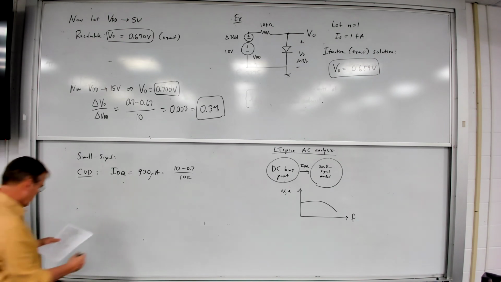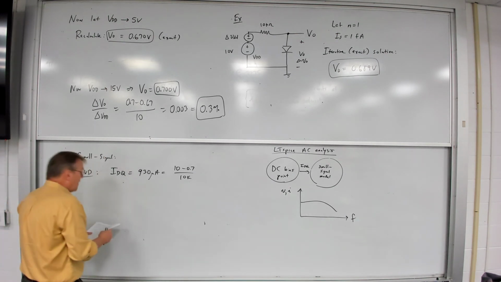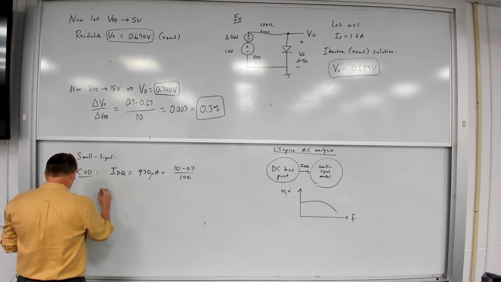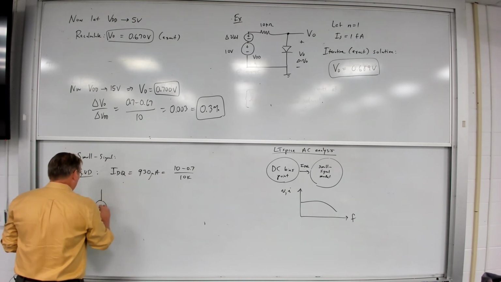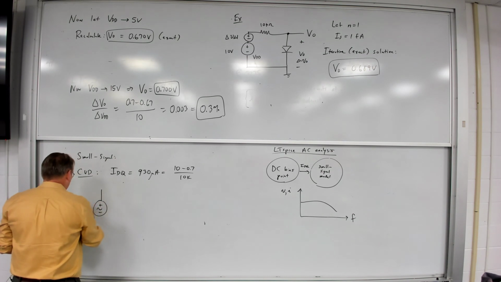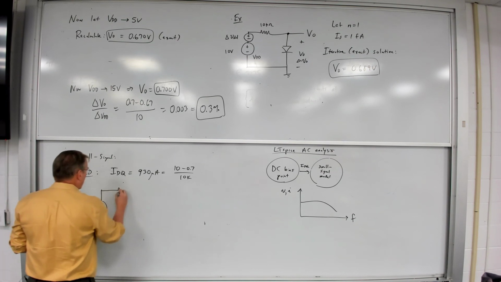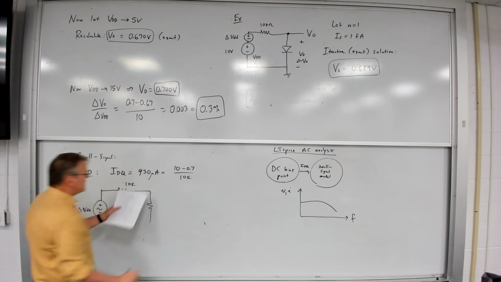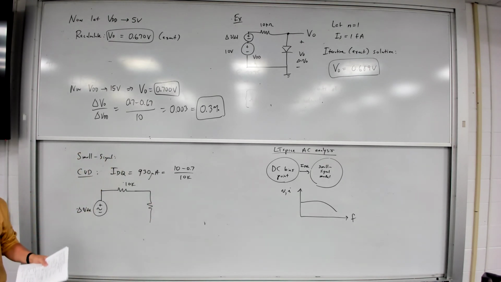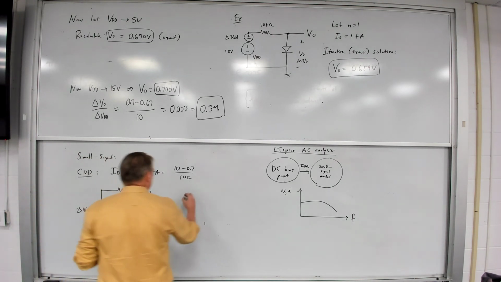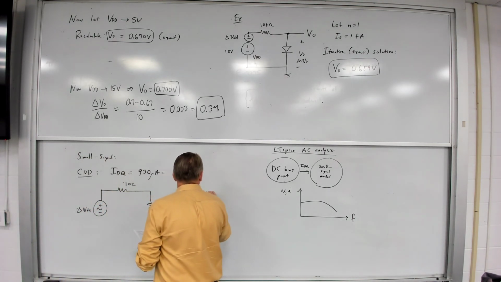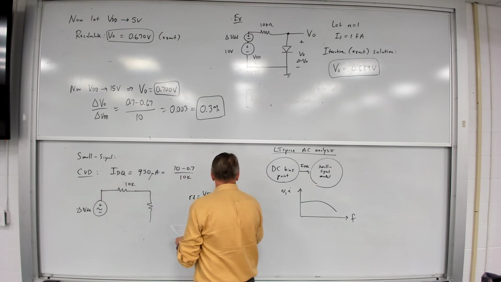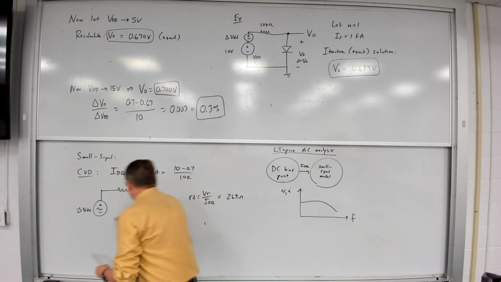And then, given this, I can now draw the small signal model. RD, I can calculate. RD is going to be equal to VT over IDQ, which is equal to 26.9 ohms.